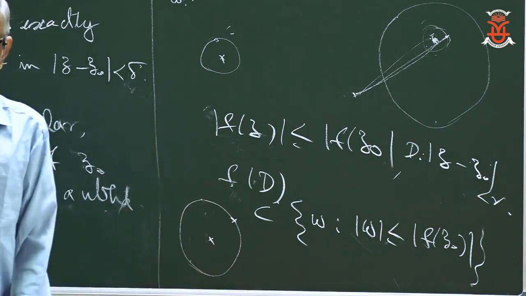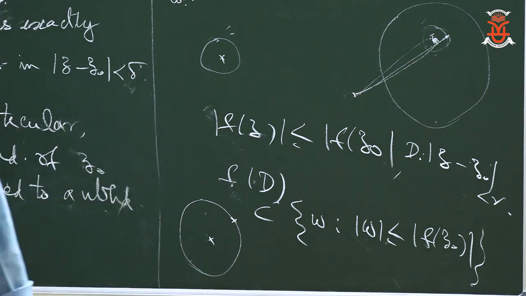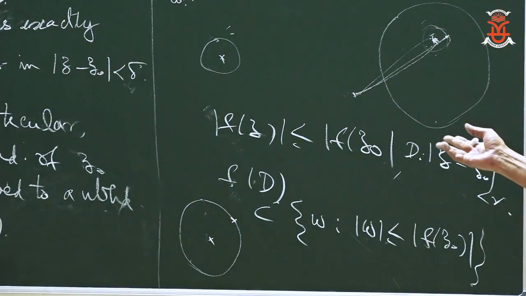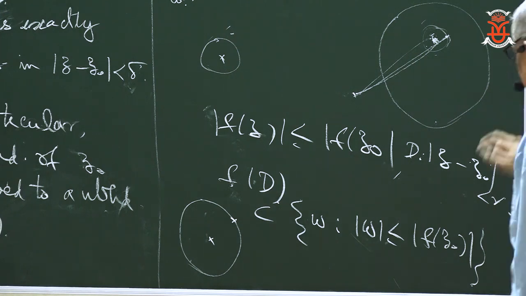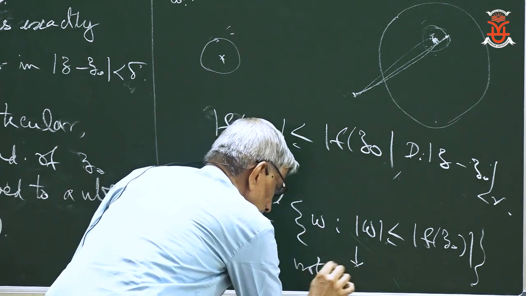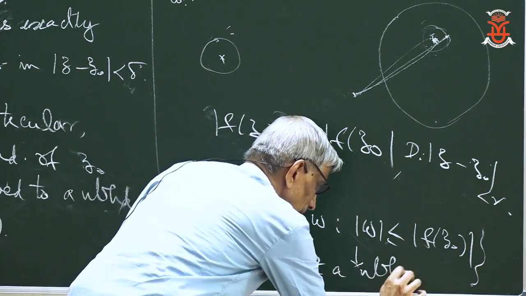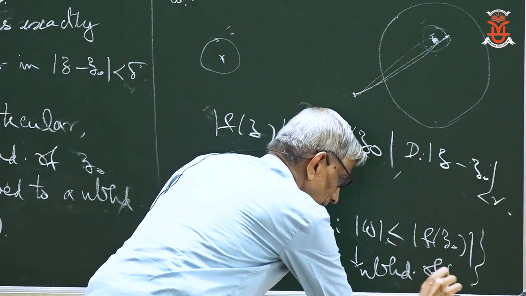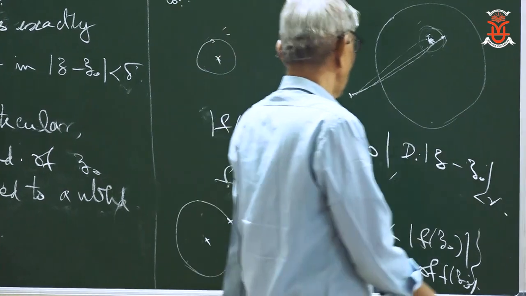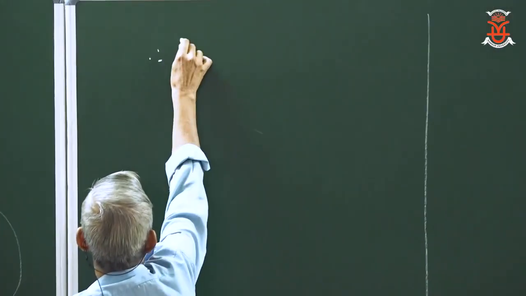Right? So this cannot be unless f is a constant. So this is not a neighborhood. Therefore, f is a constant.